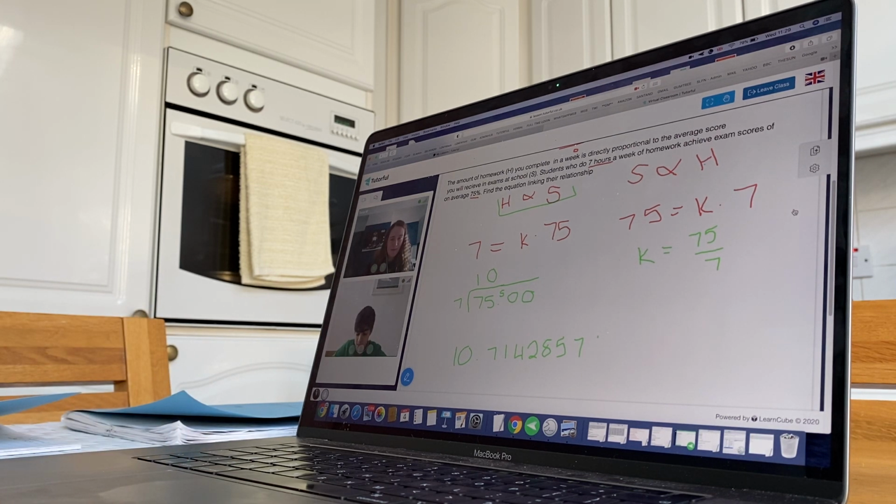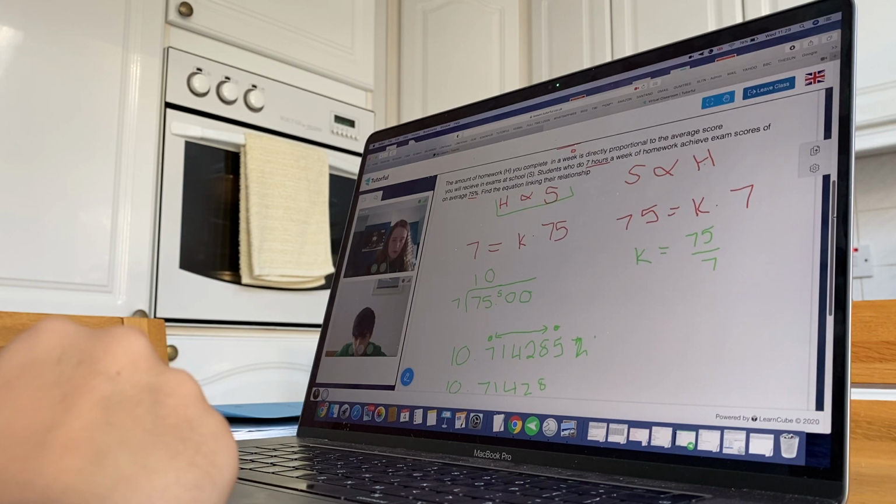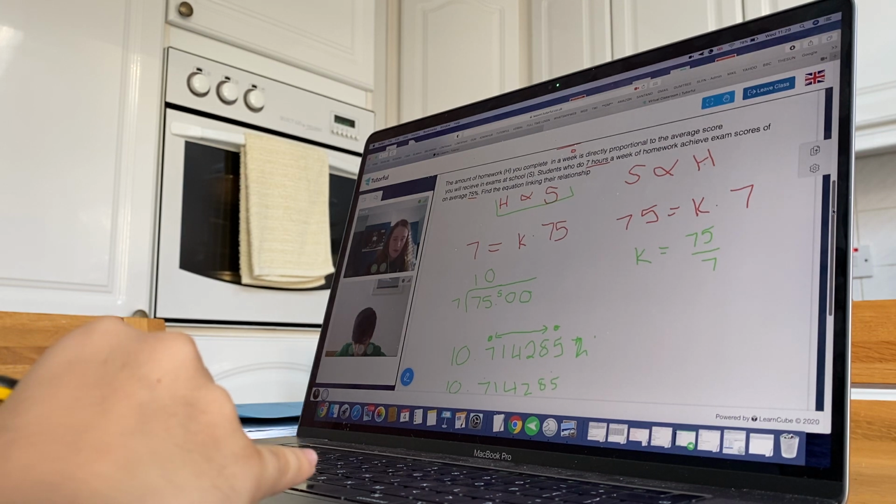So how we would write that is you put a dot at the beginning and then a dot at the end to tell people that everything between the dots is recurring. So you'd write it like 7.14285 with 2 dots, a dot on the 5 and a dot on the 7.